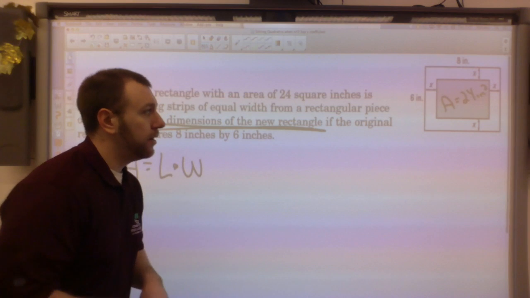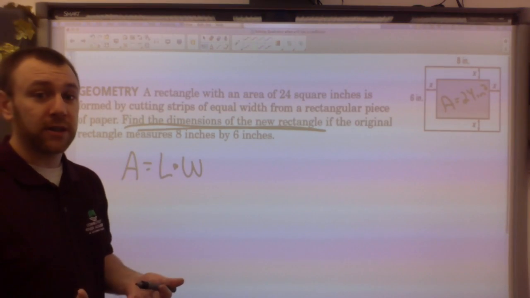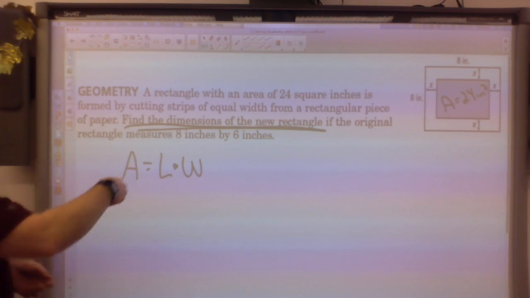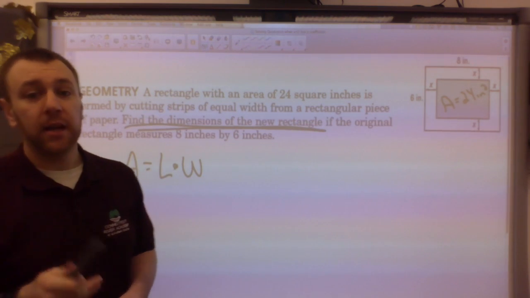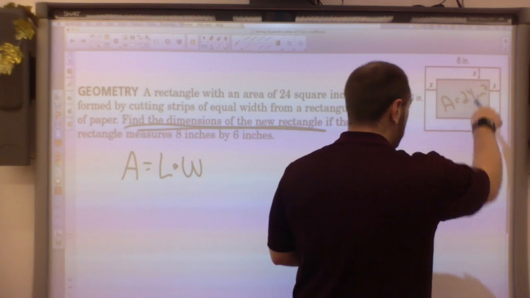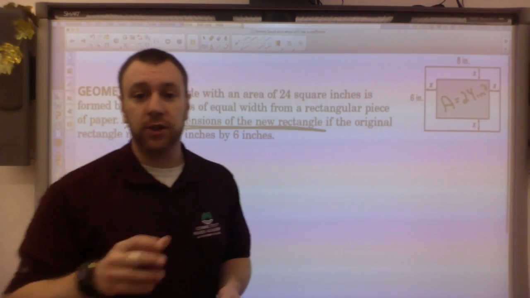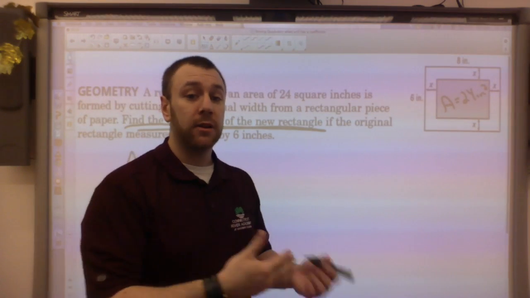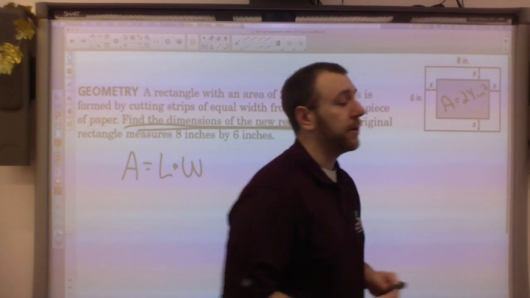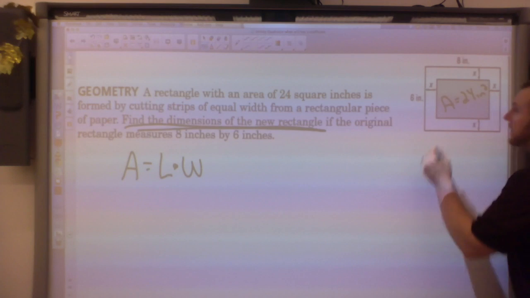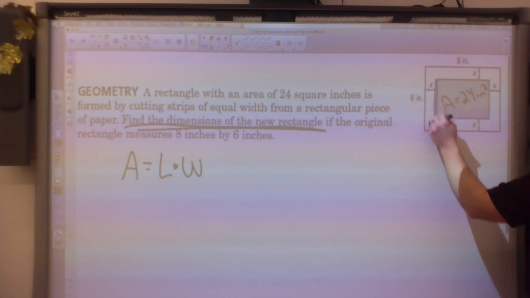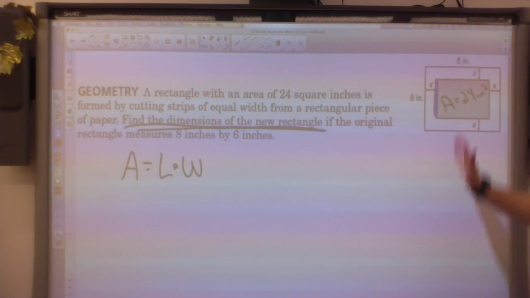So now, what's my process? The first thing is, I have to figure out what my A, L, and W are. And I'm finding that based on the shaded rectangle, not the original. I know the original. So, let's look. How long is this side here? Well, it's a vertical piece.